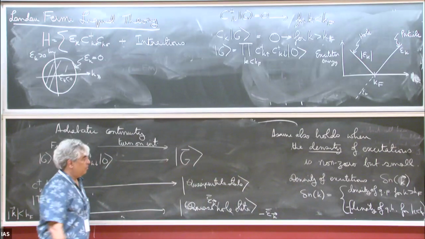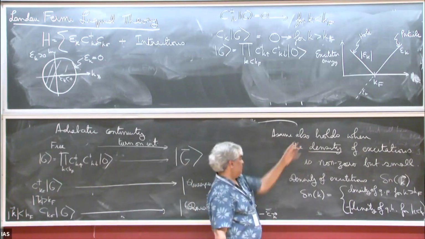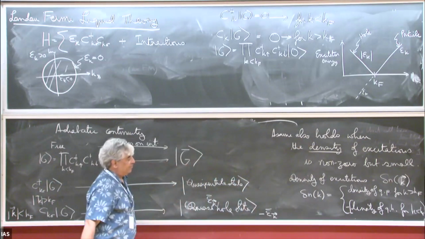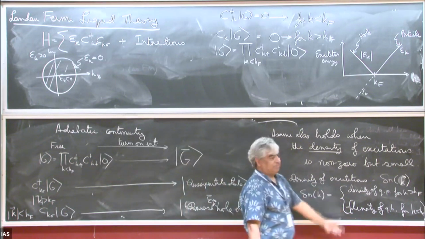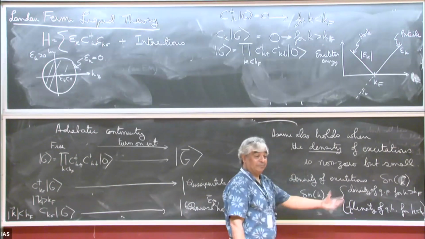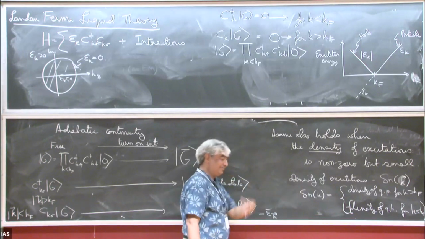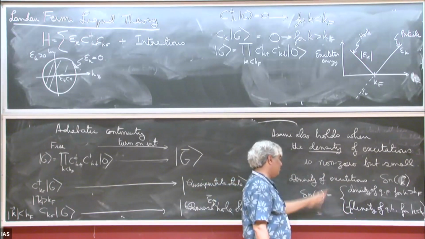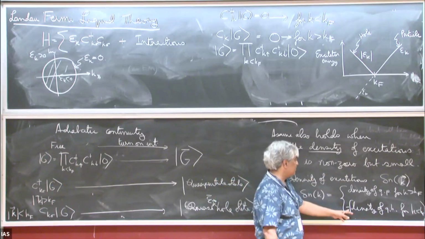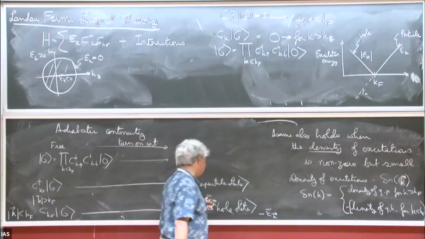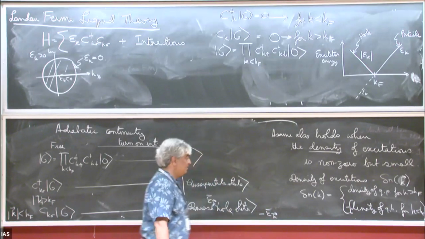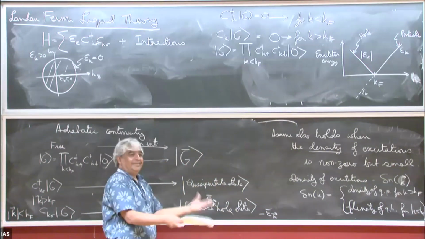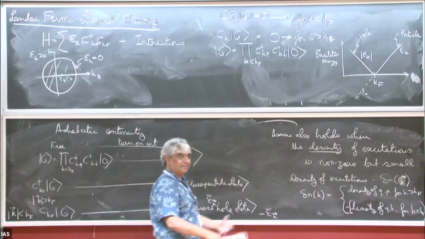This is just the density of these excitations that I've created. But I want to define a quantity which actually flips sign. That's a bookkeeping device. There's nothing deep about it, but it just makes your life simple. If you define a function that also flips sign as you go through the Fermi surface, just like the excitation energy flips sign as you go through the Fermi surface, then when you take the product, you don't have to worry about the sign. Everything comes out right.